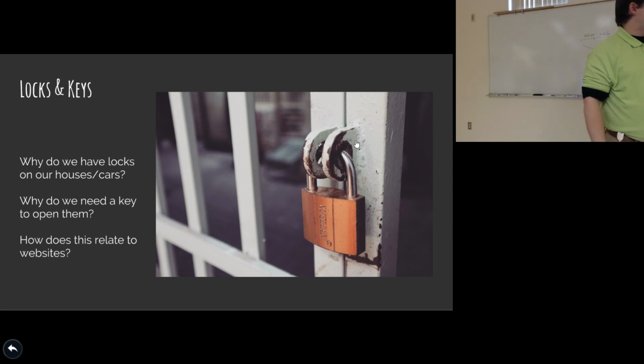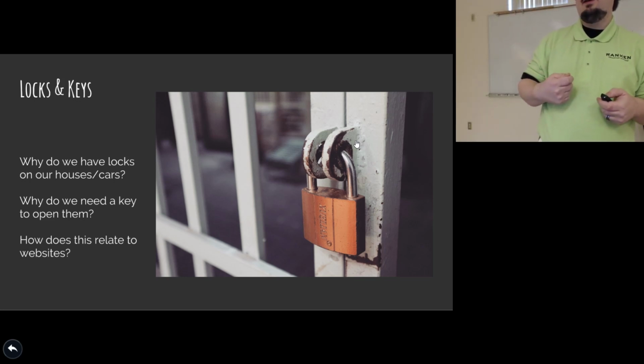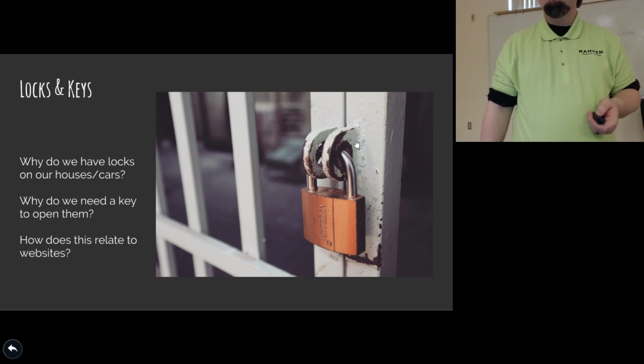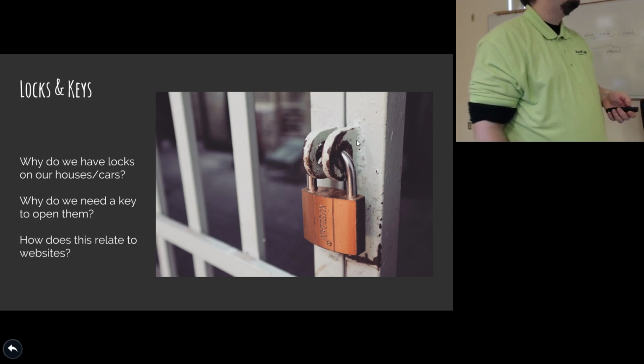And specifically, if it's just a simple padlock, if you have that key, then you can get in. So it's a very simple sort of system. If I have the key, I can get in the door. If I don't have the key, I can't. I can still get in there with a pair of bolt cutters, but hopefully I make a lock strong enough that people won't be able to bypass it that way.